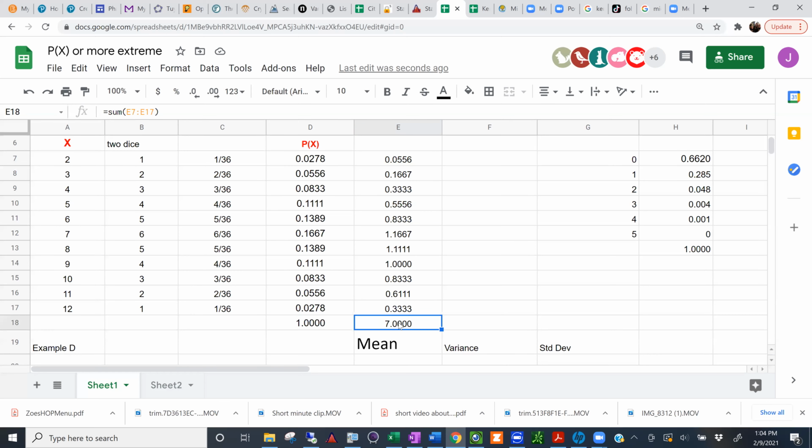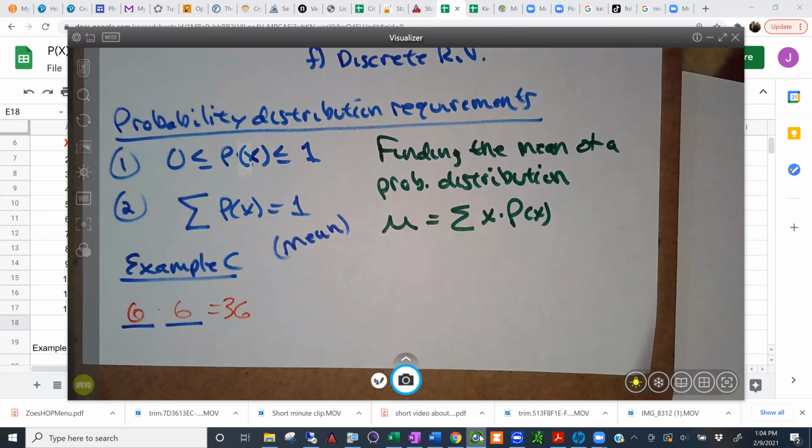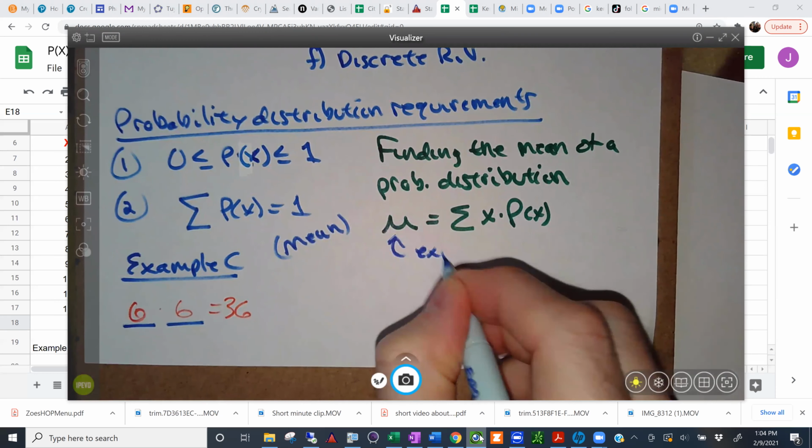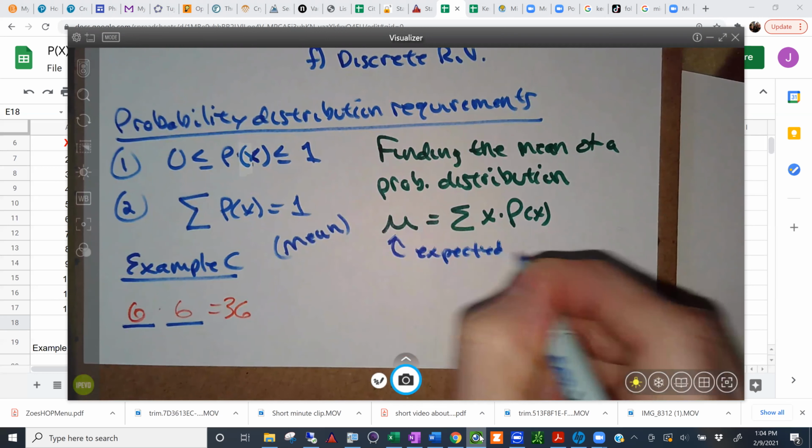So everyone should have a 7 then. Now, I'm going to give you a different name for this. It's called the mean, but it's also called the expected value. And you'll hear me use both of them. But right now, let me write down expected value.